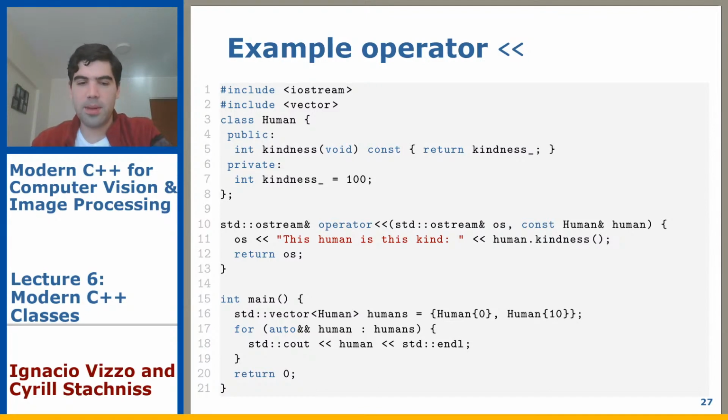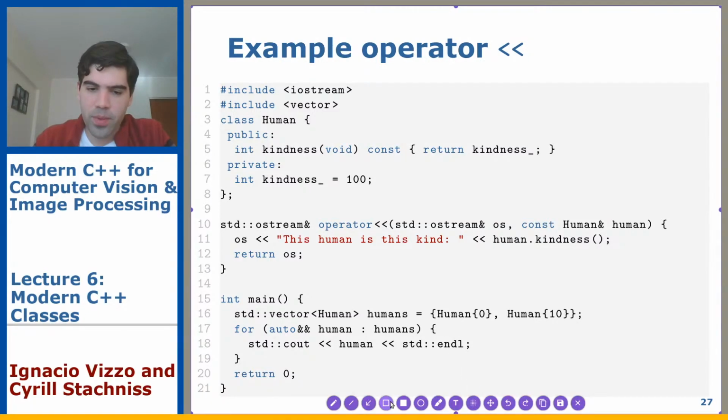Another really cool example is using the left shift bit operator. In this case, this is the operator overloaded for all streams. You probably want to use cout and then just call human, which is an instantiation of the class Human.